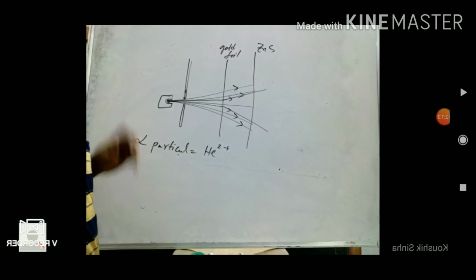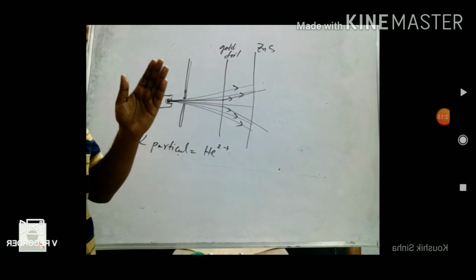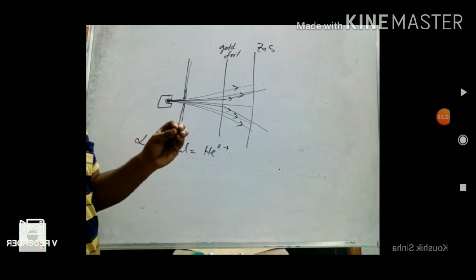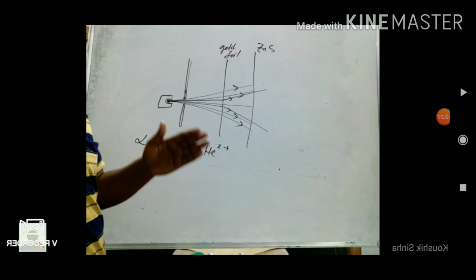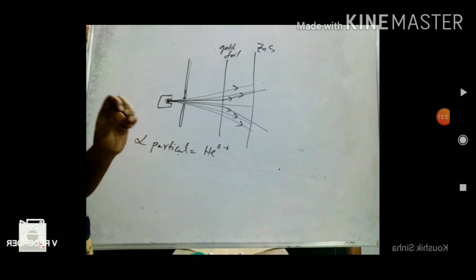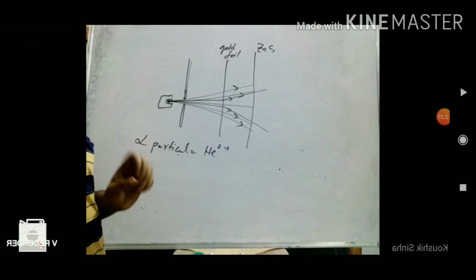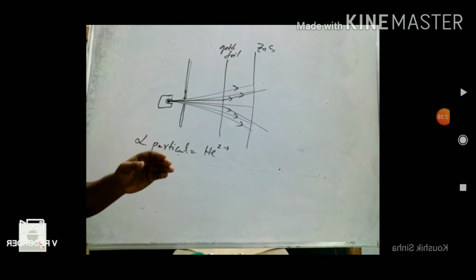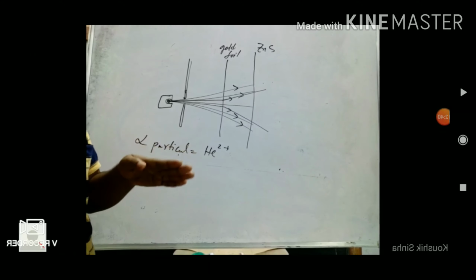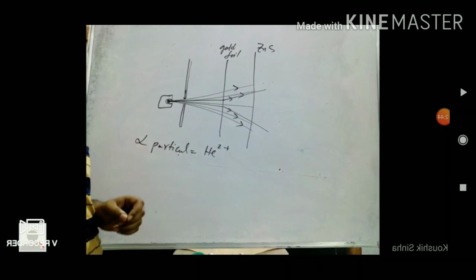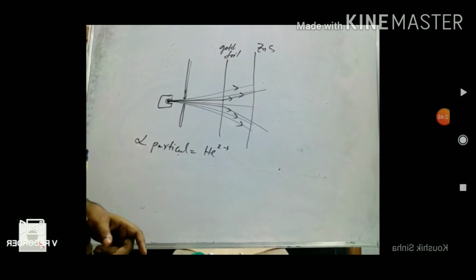There is a positively charged center and the alpha particle is also positively charged. So if an alpha particle moves close to that positively charged center, due to repulsion it deflects at a small angle.